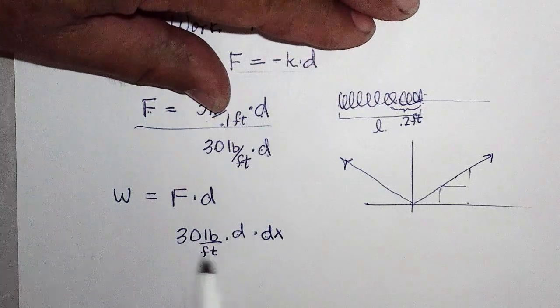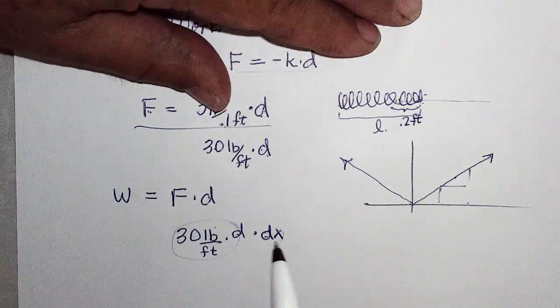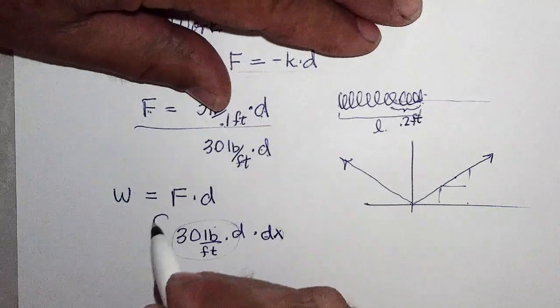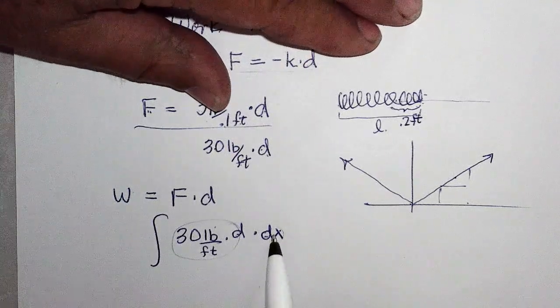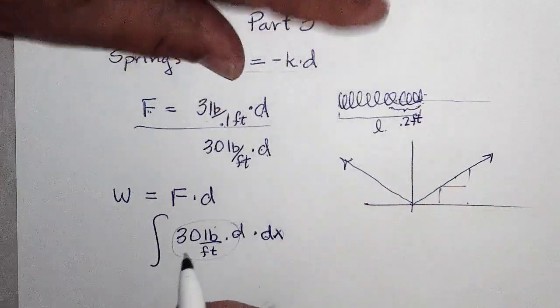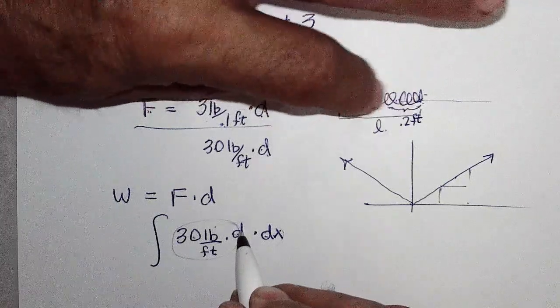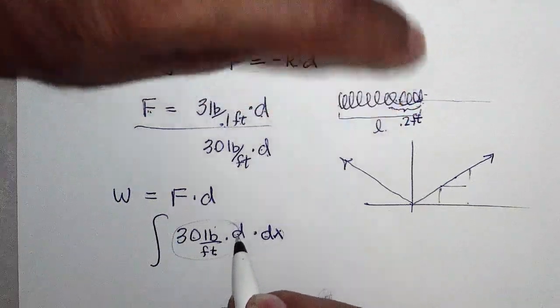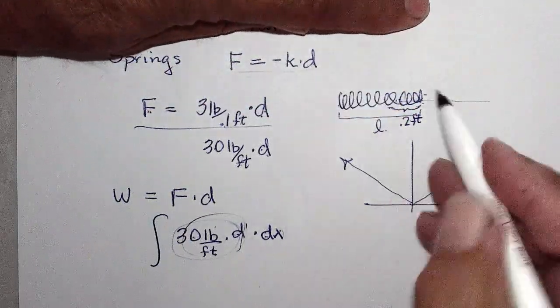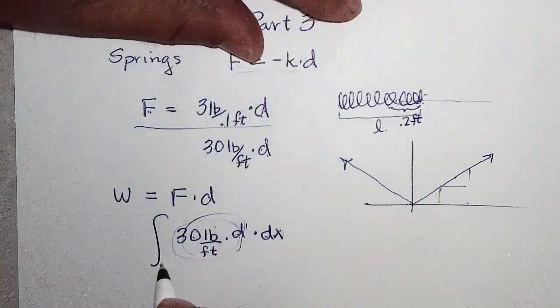And so then the work becomes the new force times the distance. And so you just have to decide from where to where you are moving it. 30 pounds times whatever distance it starts, wherever it's at, times the change of distance you're going to move it.